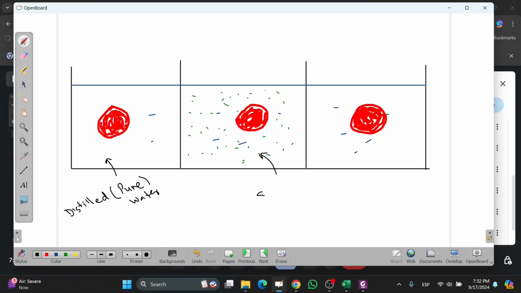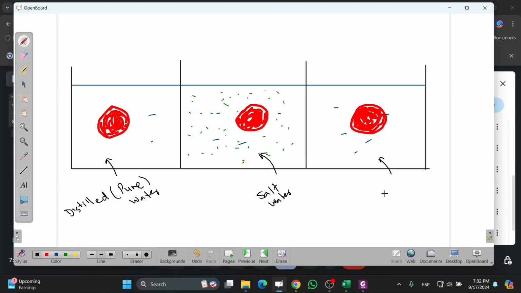And then here we have salt water. We call that salt water, right? Just like seawater.